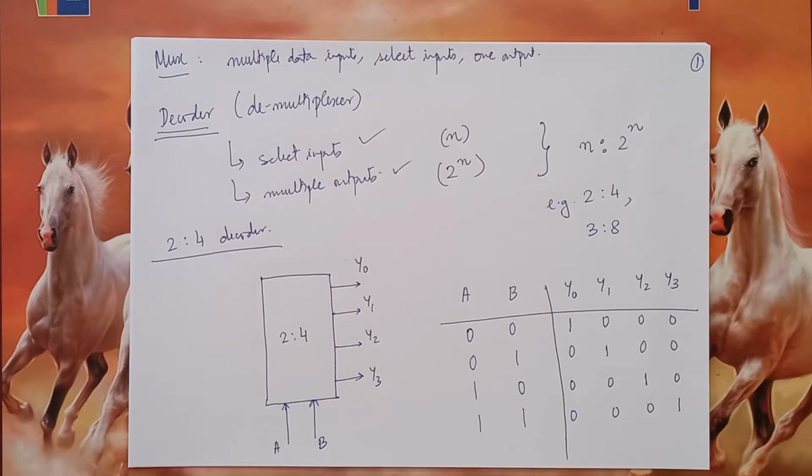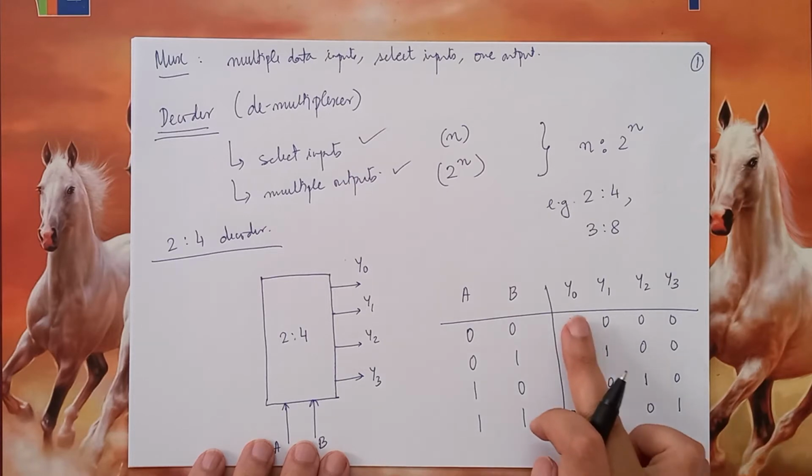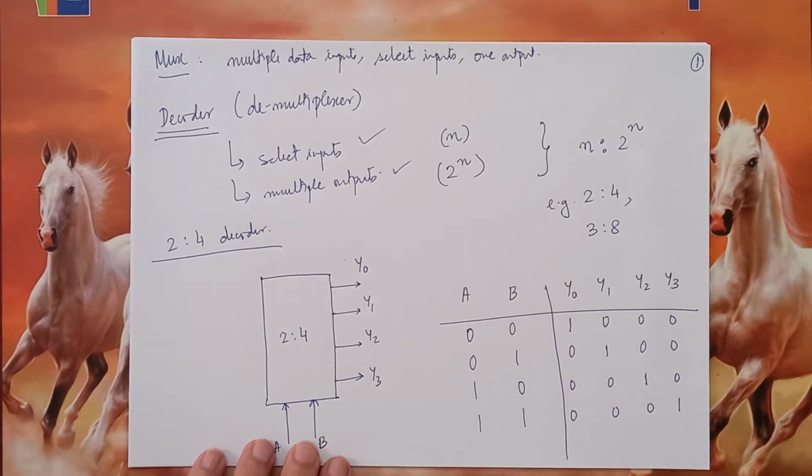So in this case, what you see essentially is that whatever be the value of A and B, any one of the outputs is 1 at any given time.